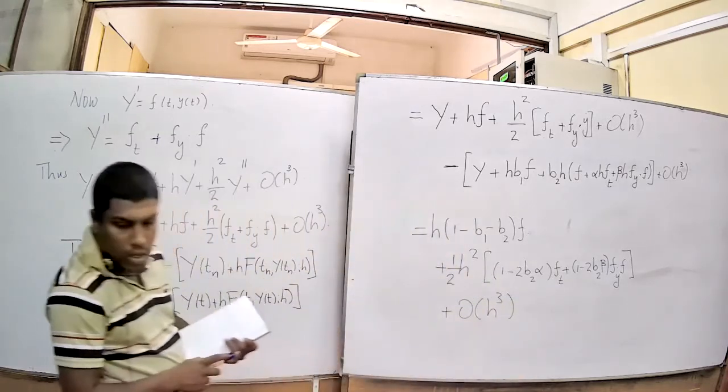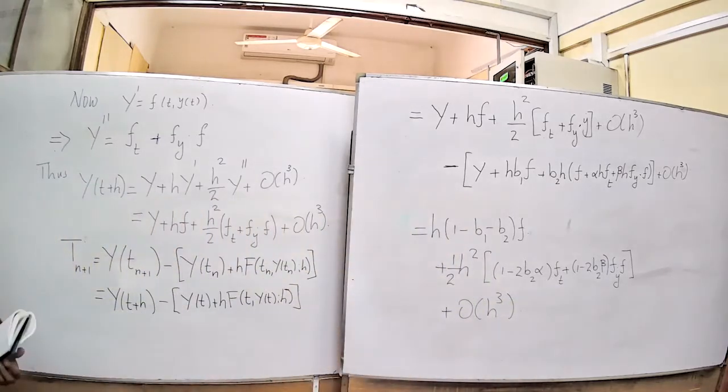Right, so you combine the like terms. So basically you combine the term with h, you combine the term with h squared, and then you combine the term with order of h cubed. So you have this. Okay?